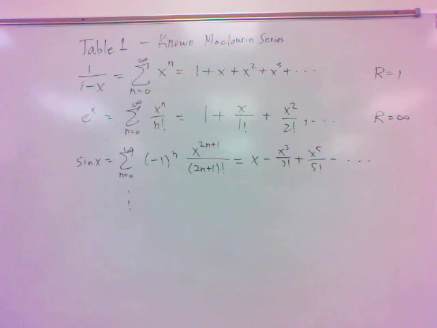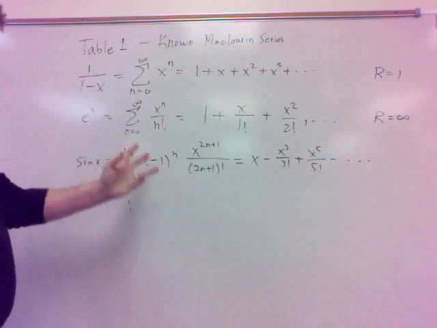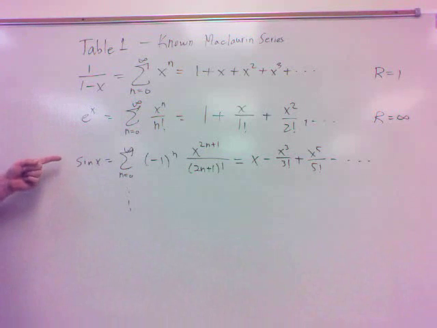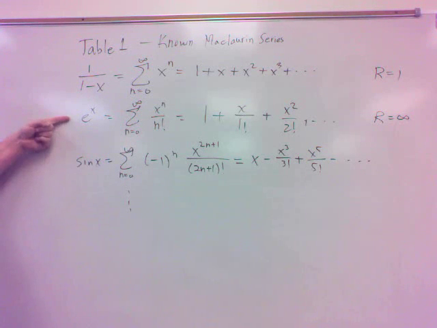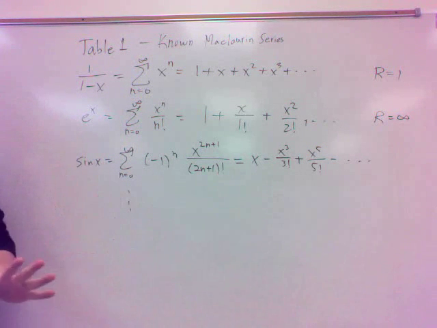So if we want a Maclaurin series and we can match it up with one of these known Maclaurin series, then we don't have to go through the whole process of finding the Maclaurin series. Actually, last time I think we did do this one, maybe one similar to that one. But good news is we can use this table to help us along.